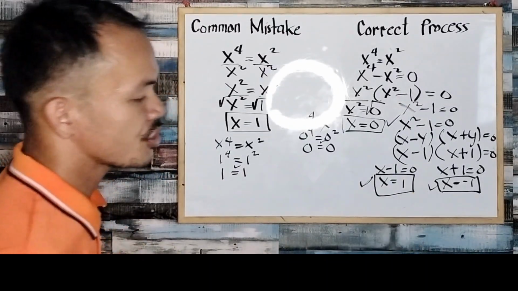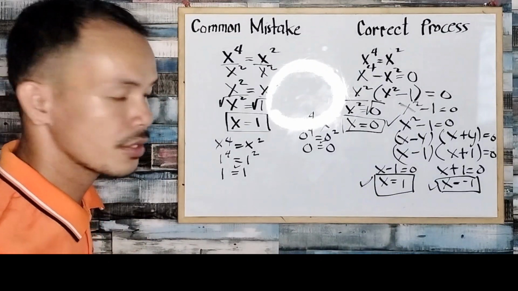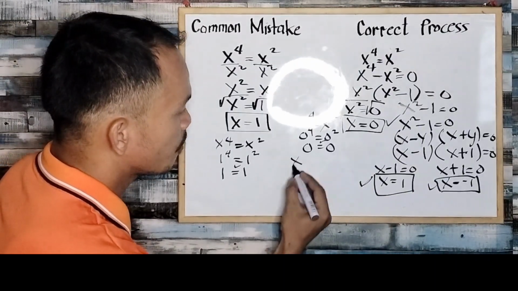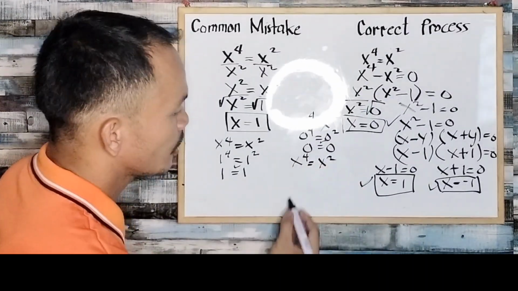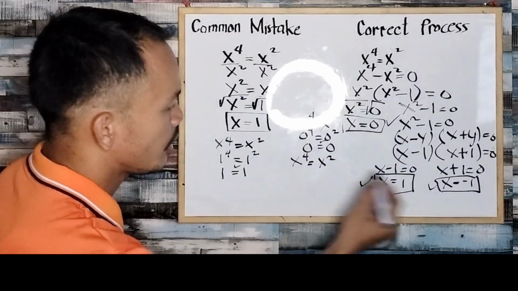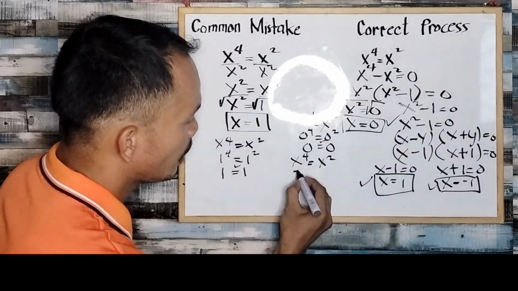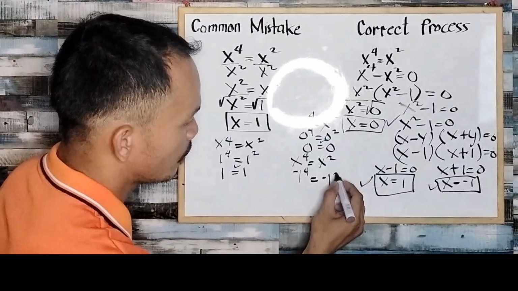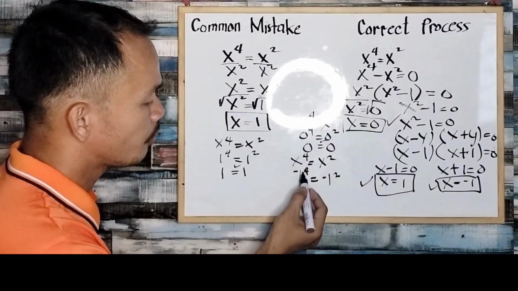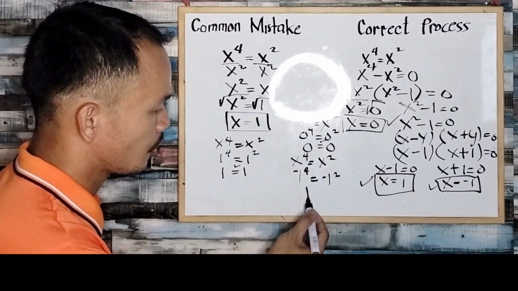So now let's check if the third solution is correct. So x to the power of 4 is equal to x to the power of 2. So we're gonna substitute x by negative 1. So that would be negative 1 to the power of 4 is equal to negative 1 to the power of 2. So we have here negative 1 to the power of 4, that is equal to 1.